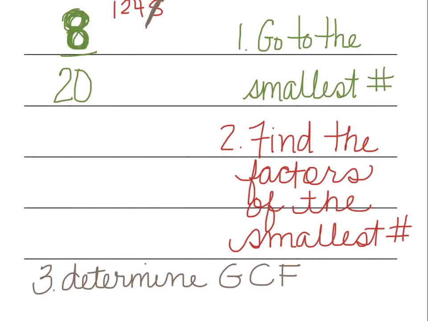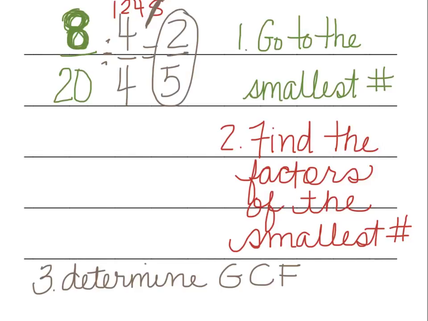Does 4 go into 20? Yes, it does. So voila, we have found our greatest common factor and we have reduced our fraction. So if you can remember those 3 steps: go to the smallest number, find the factors of the smallest number, and then use that to determine your greatest common factor.